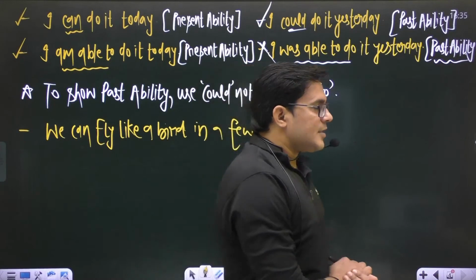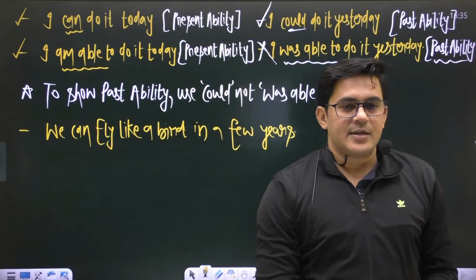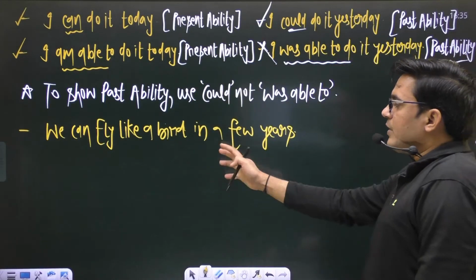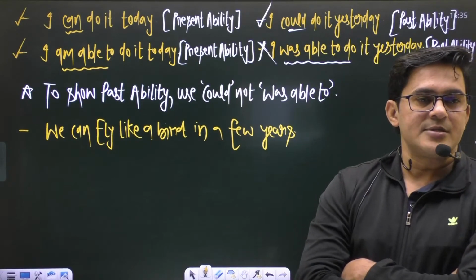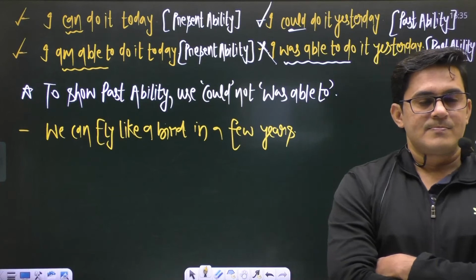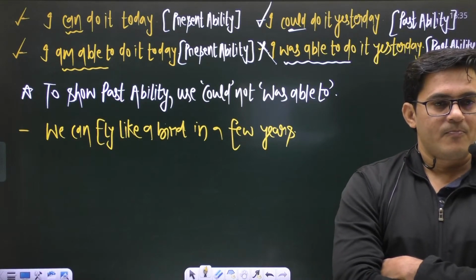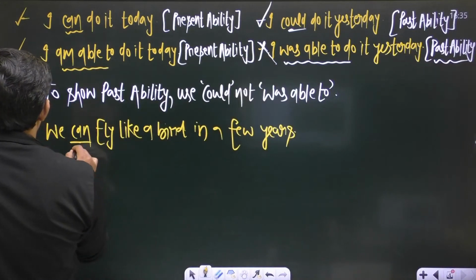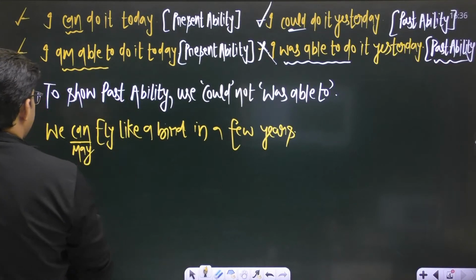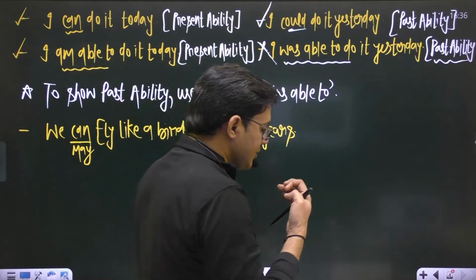Yes, this is a very nice sentence. The sentence is, we can fly like a bird in a few years. What do you think of this sentence? Or you say, we may fly like a bird in a few years.